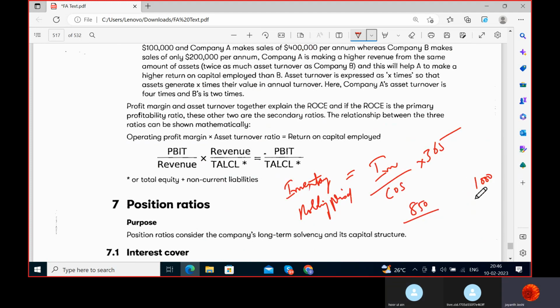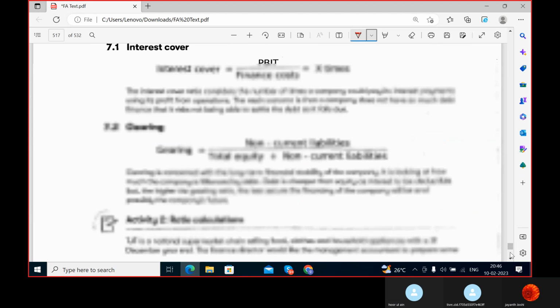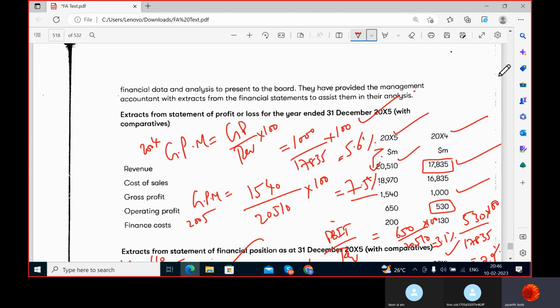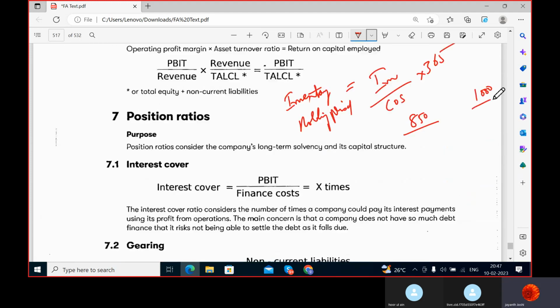What is the cost of sales? 17,835, 20,510. Come on, find out and tell me.